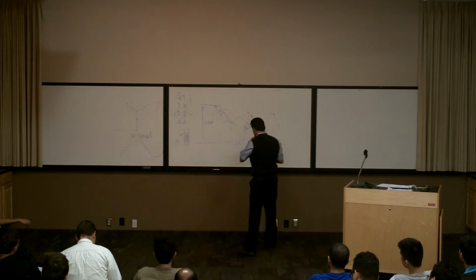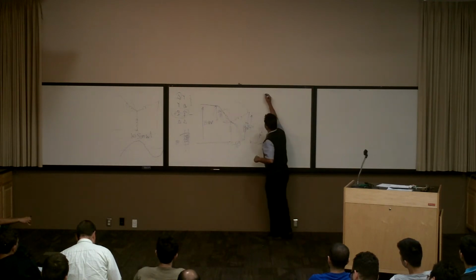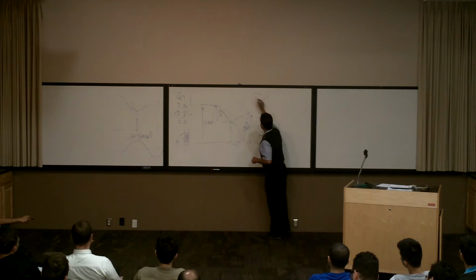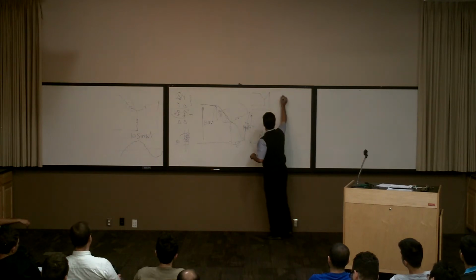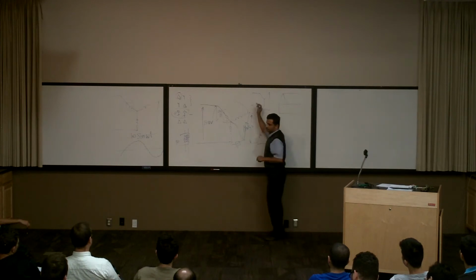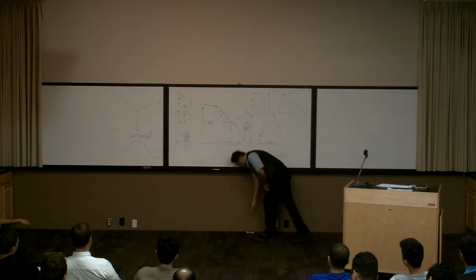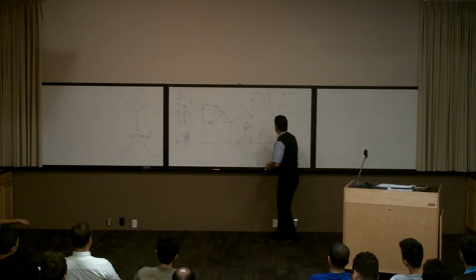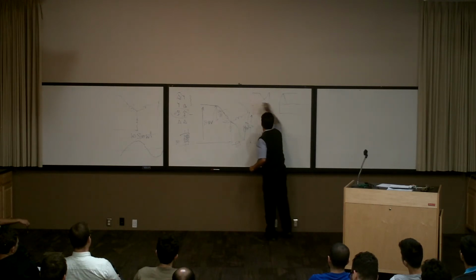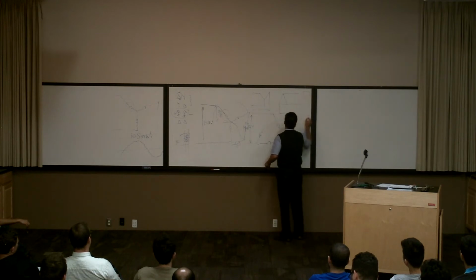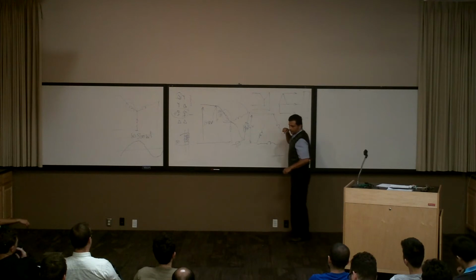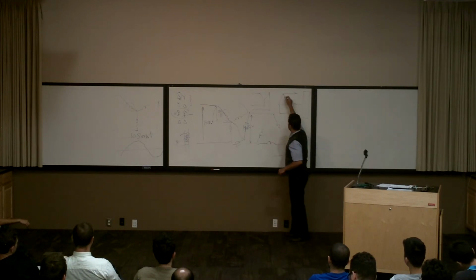But look at here. If I have a Y delta, and I have an unsymmetrical load here, and I have an unsymmetrical load here, these currents are going to be different, so it's going to end up with different current here, different current here, different current here.